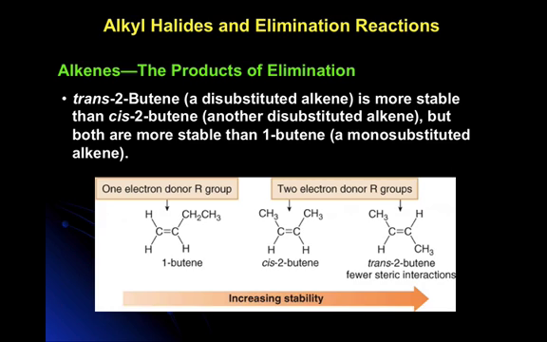I just made a statement that 1-butene is less stable than cis-2-butene is less stable than trans-2-butene, right? Okay, so maybe look at some chemistry, right? What will that do?